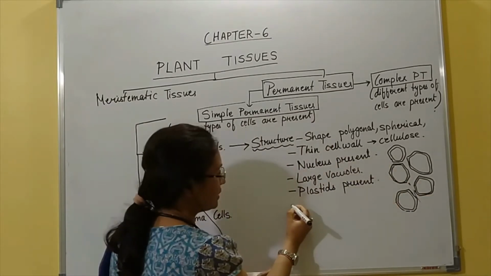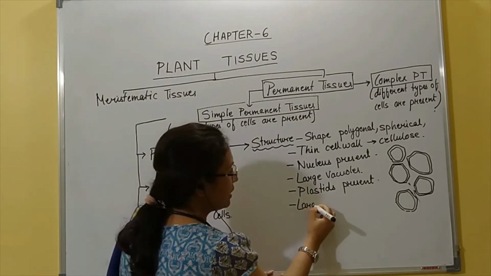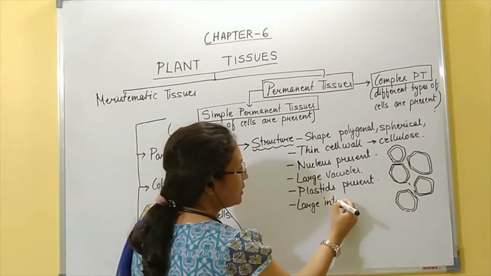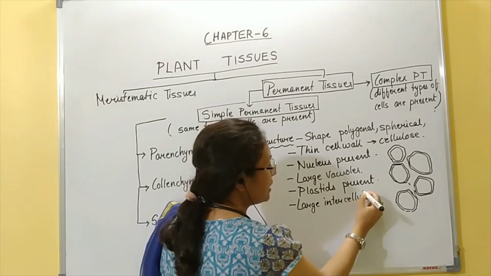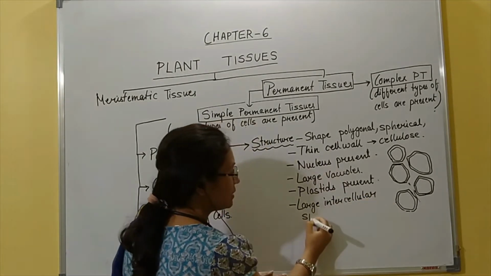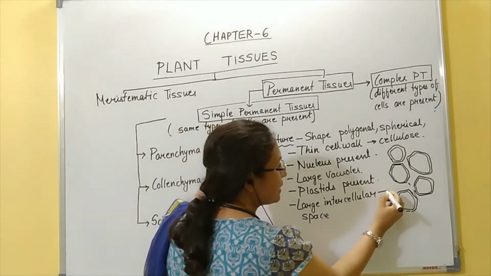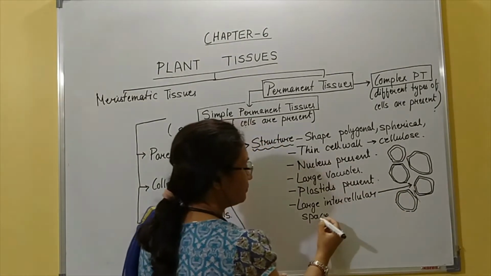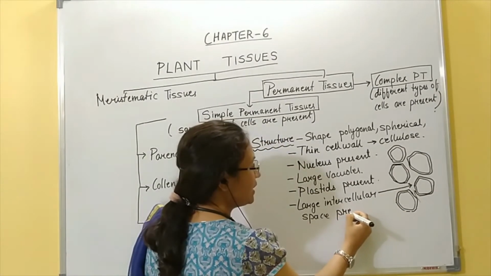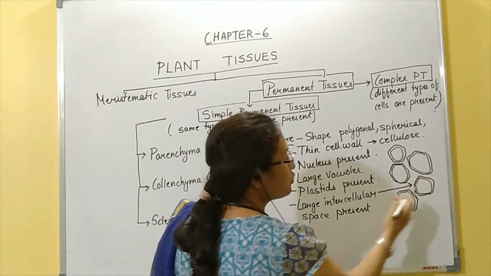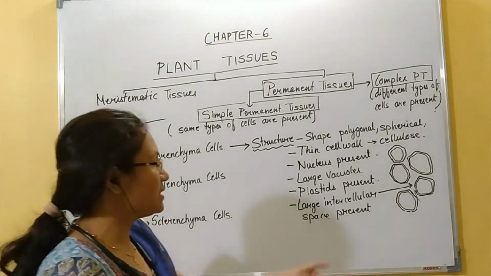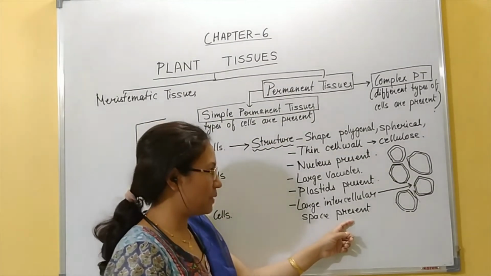Let me mark it here itself. Large intercellular space. These are the intercellular spaces in between the cells. In between 2-3 cells, the space that is present is called the intercellular space.